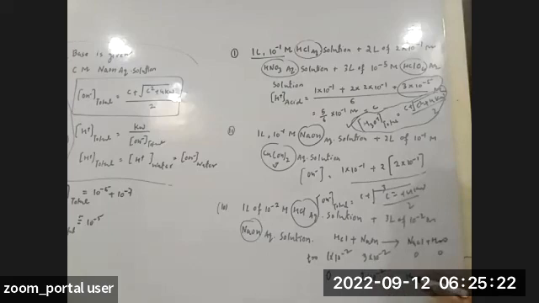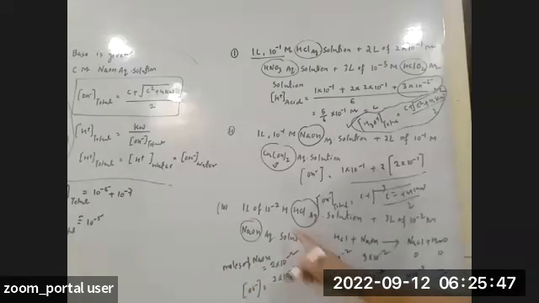And NaCl is inert, yes or no? Because the hydrolysis of Na plus and Cl minus is not happening at all. So the final moles of NaOH at the end of the reaction is 2 into 10 to the power minus 2, and the concentration of OH minus is 2 into 10 to the power minus 2 divided by 1 plus 3, that is 4.